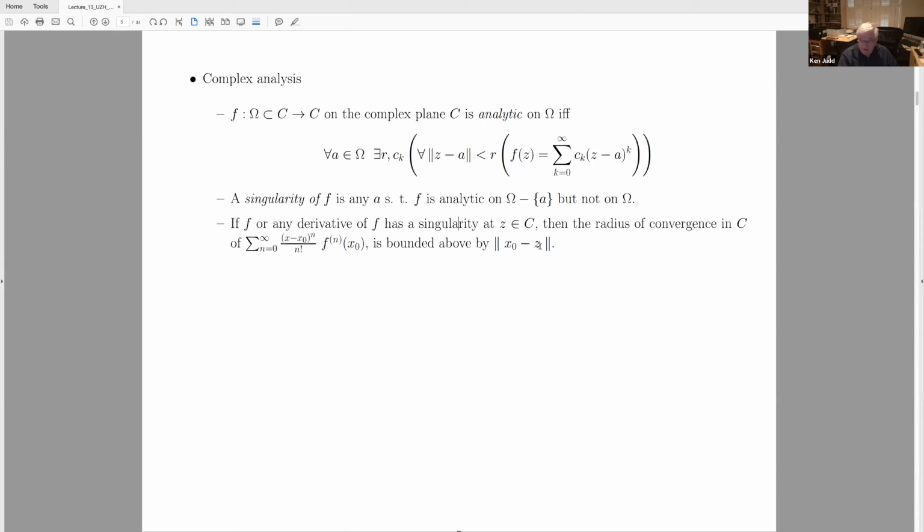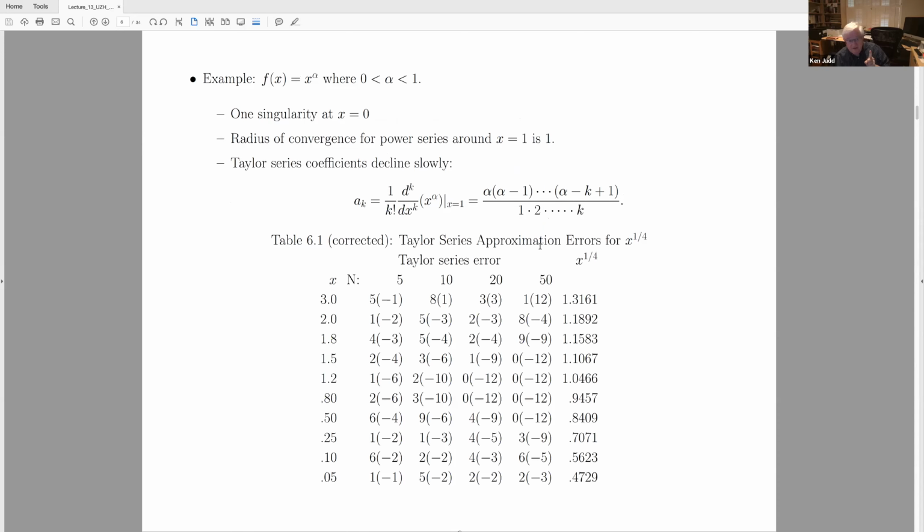So if you know where a singularity is, you have an upper bound for the radius of convergence. Now think about the function f of x equals x to the alpha, for real positive numbers, like our production functions typically are. There is a singularity at x equals 0.